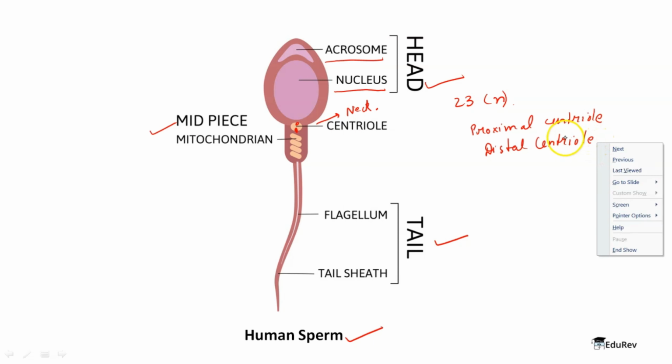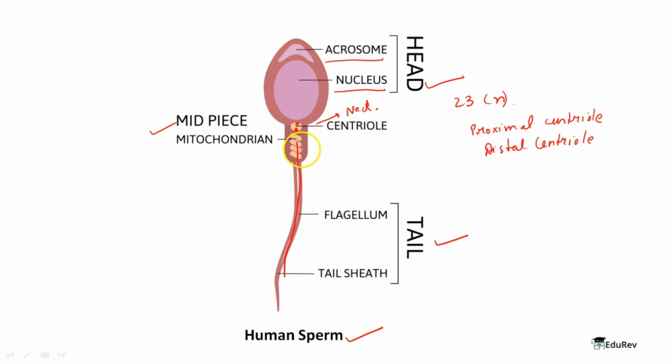Okay. So the proximal has a major role in the first cleavage. What is the first cleavage? When the zygote forms, the first cleavage of the zygote is because of the proximal centriole only. Right? The distal centriole will help in forming the axial filament. So it will form a 9 plus 2 arrangement filament, which is our axial filament. It will pass through the middle piece and then form the tail, right?